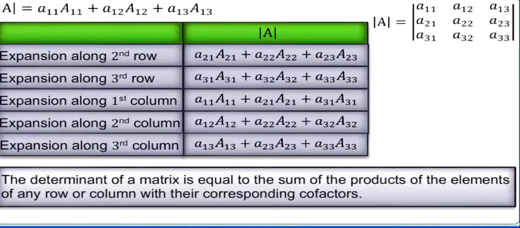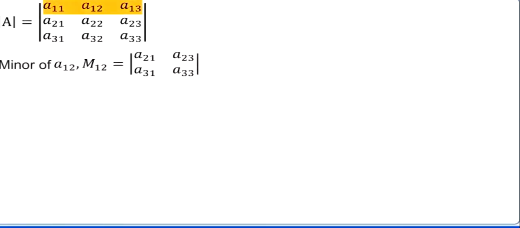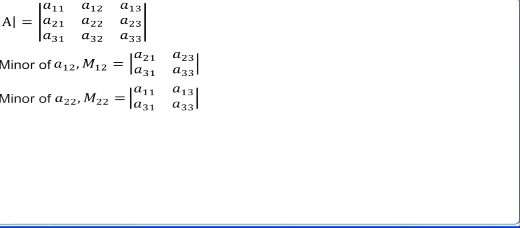Let's find the determinant of A along the second column by finding the cofactors. The minor of the first element of the second column is the determinant of the matrix obtained by deleting the first row and the second column. Similarly, the minor of the second and the third element of the second column can be determined.